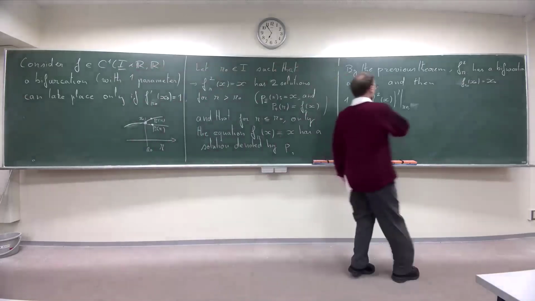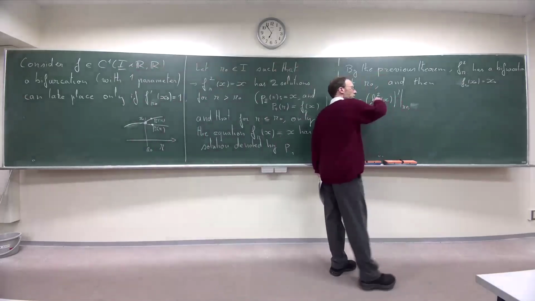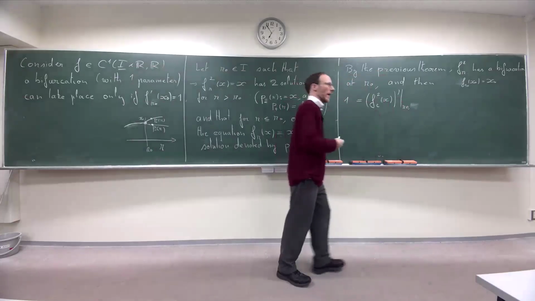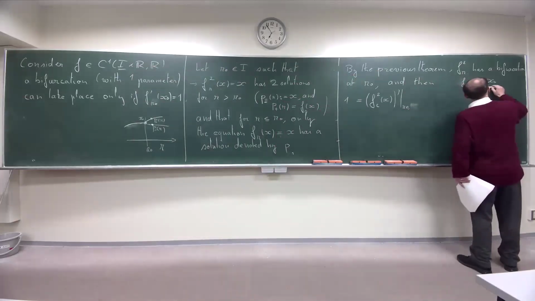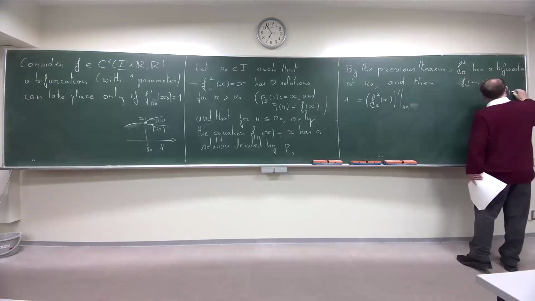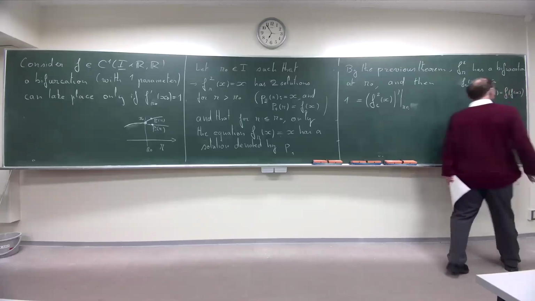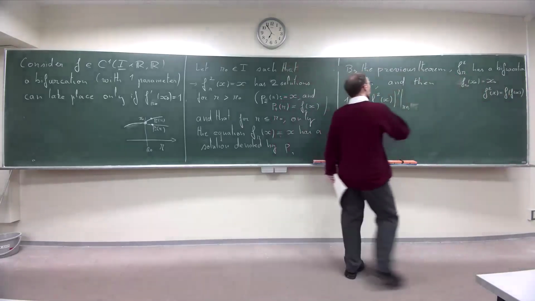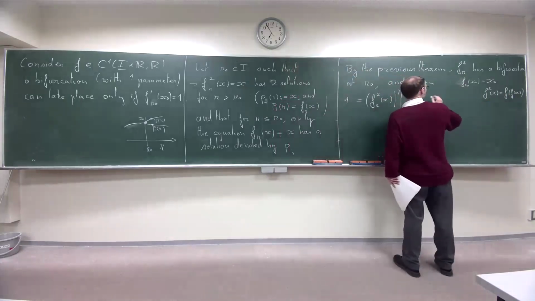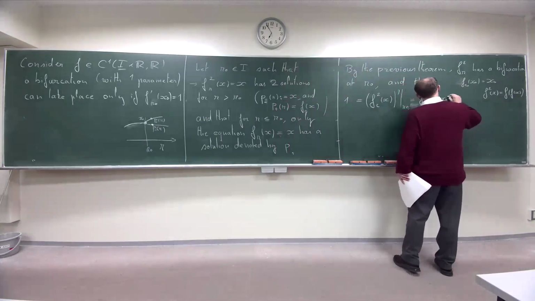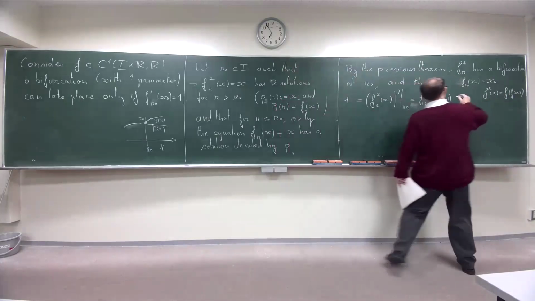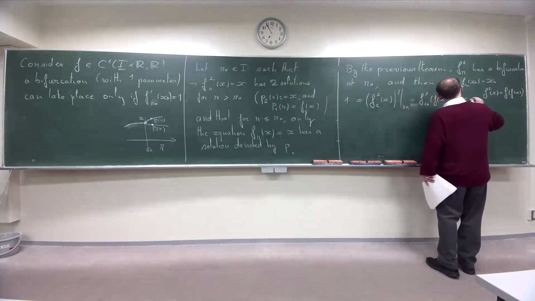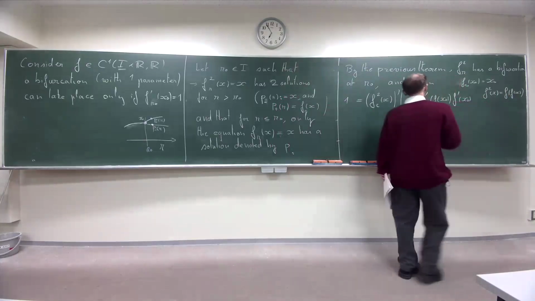And now I compute. This is a composition. Remember, f squared is f composed with f. So f squared at a point x is f of f of x. This is the definition of f squared. So I take the derivative of a composition. It makes f prime R0 at f of x0 times the internal derivative, which is f prime at x0. Right?